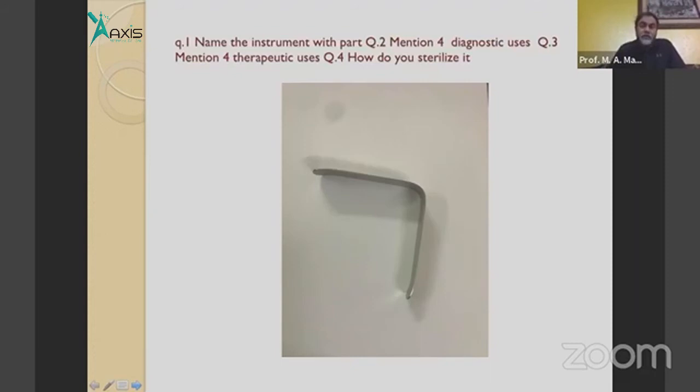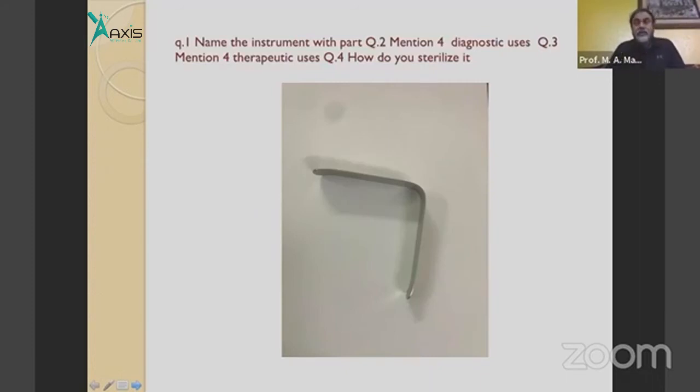Now, other therapeutic uses actually, in case of nasal surgery, after giving nasal pack, we usually check the nasopharynx by depressing with this tongue depressor, to see if there is any blood going down to the throat or any pack hanging down. So all this, we can use as therapeutic uses.